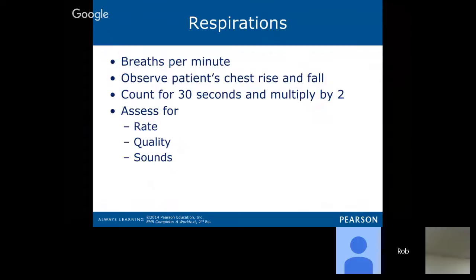Guys, remember I told you with your breath sounds, you need to use your stethoscope. You need to listen to those breath sounds. Even if you know that patient is not complaining of difficulty breathing, you need to listen to breath sounds so that you have a good idea of what normal sounds like. It's a lot easier to tell abnormal whenever you know what normal sounds like. Now, there are going to be breath sounds out there that are just obvious. You put the stethoscope on there and you're like, oh my gosh, there are wheezes on inhalation and exhalation.